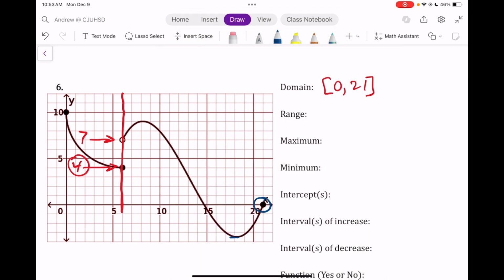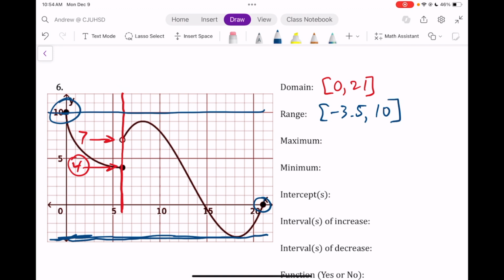It's down here at, say, -2.5. That's where the minimum is. And the maximum is at the end point at 10. So the range here goes from, let's see, though that would be -3.5, all the way up to 10.